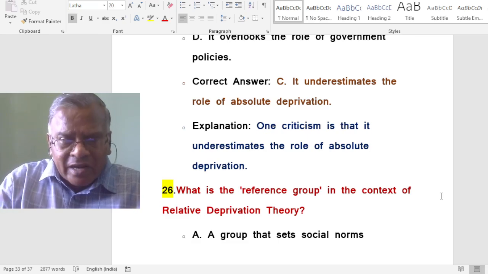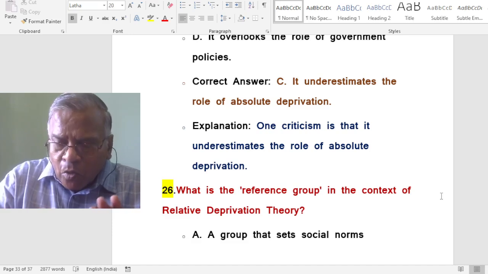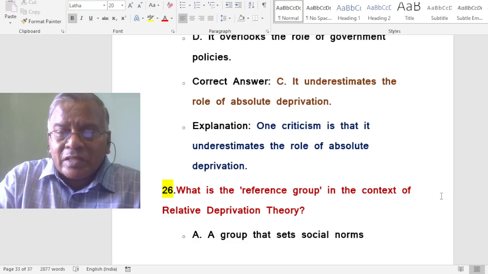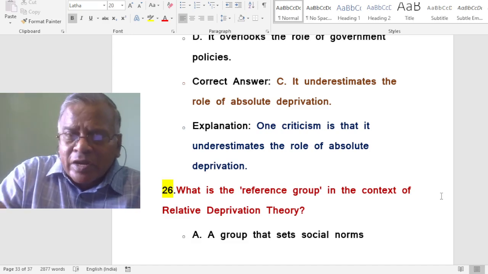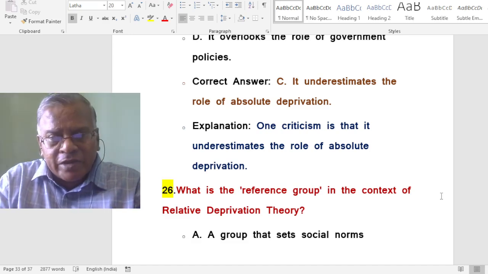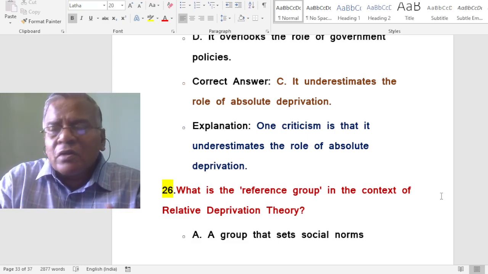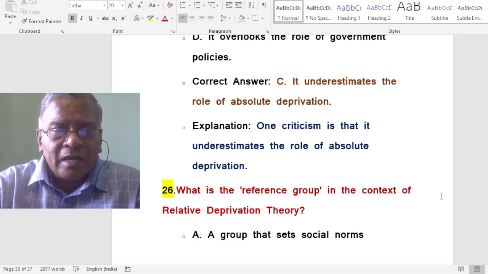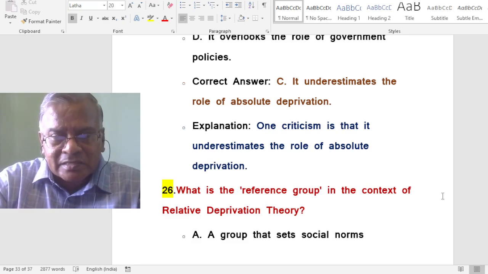Actually, nobody can get anything. There are not enough resources, for an example. So that way, this theory underestimates the absolute deprivation. They are not worried about how much resources are available. Simply they are comparing with the other groups and then they get into protest and other things. That is the criticism leveled against this theory.